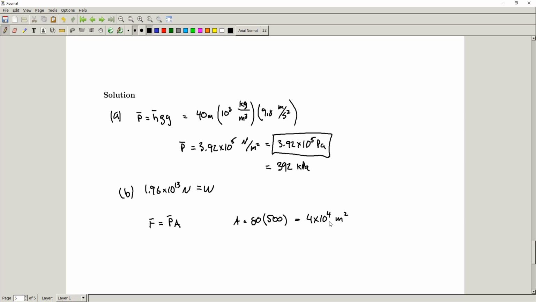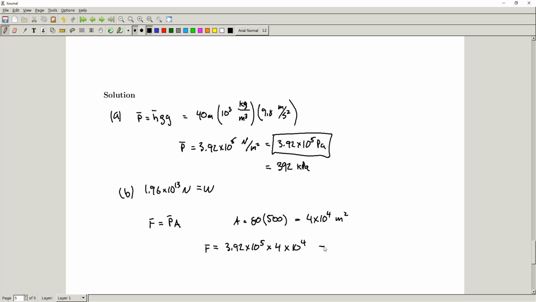And so right away we can jump right in and get our force. Our force is simply going to be this value for p bar, or our average p. It's going to be 3.92 times 10 to the 5, and now it's times our area, which we just calculated, so that's times 4 times 10 to the 4.